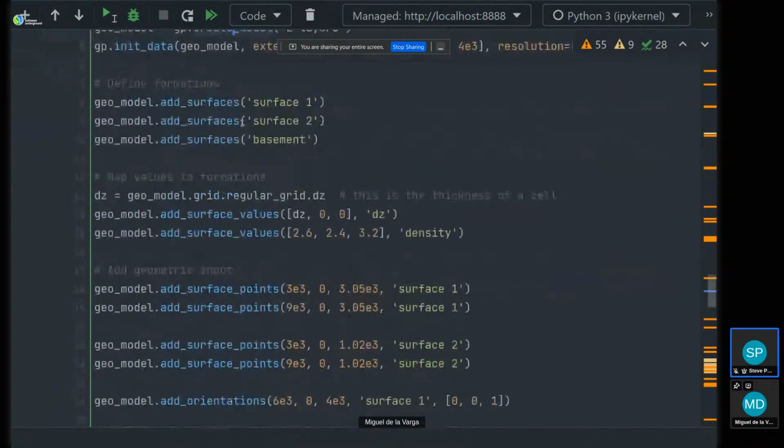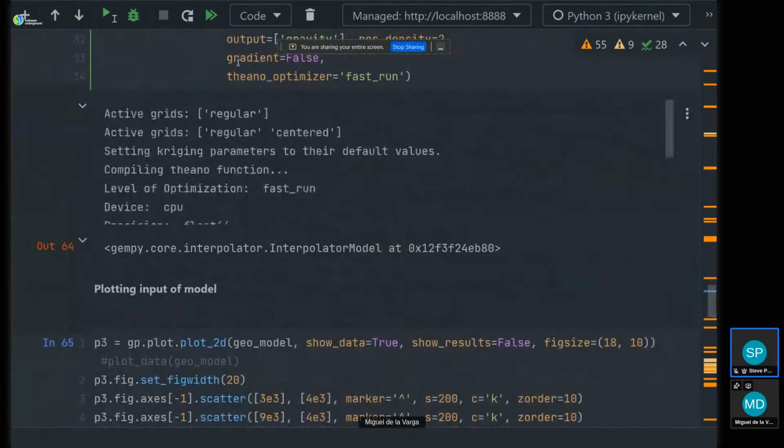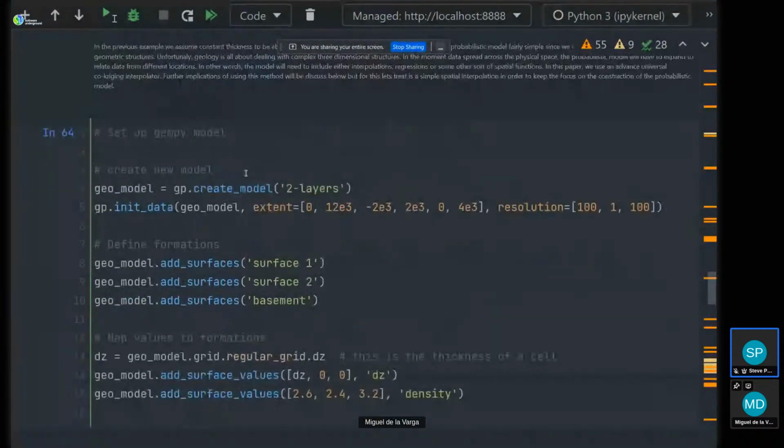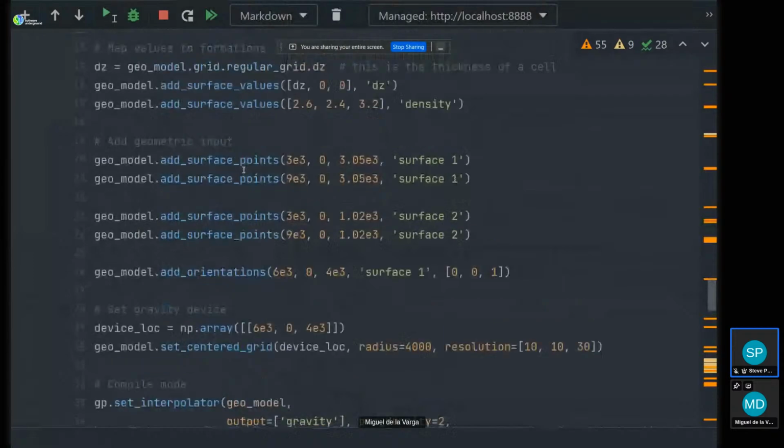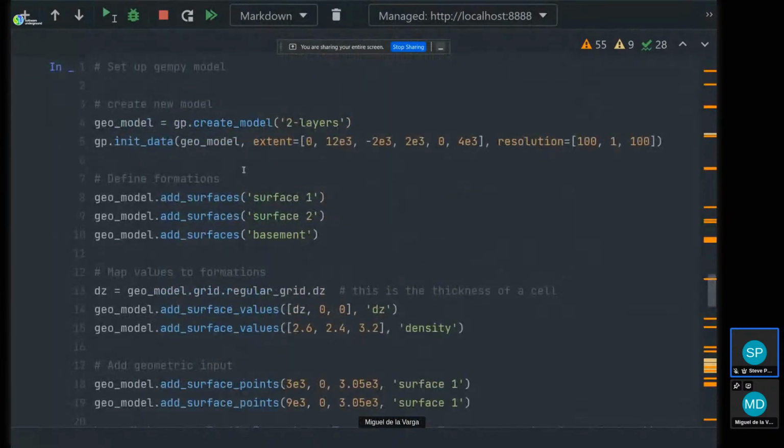So in this example, we are going to use GemPy, although the geological model is very simple. For the people who don't know, GemPy is a Python package to do interpolation of geological structures. You can have unconformities, you can have faults. We have a pretty extensive plotting API, and it also has this probabilistic part that sadly I never had time to really write good documentation for people to use.